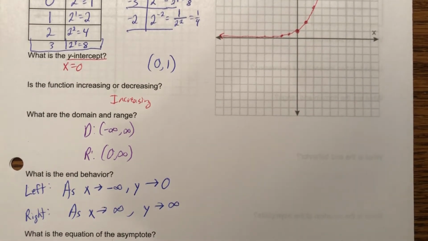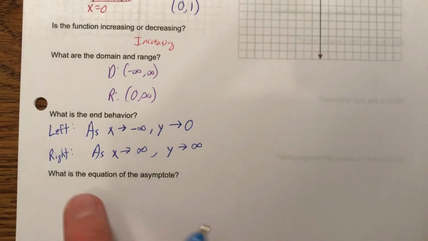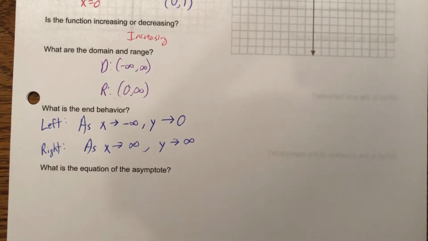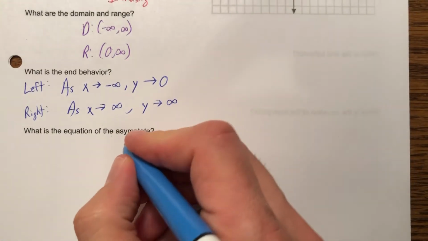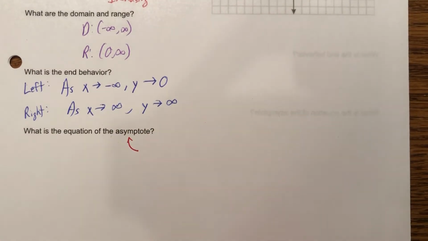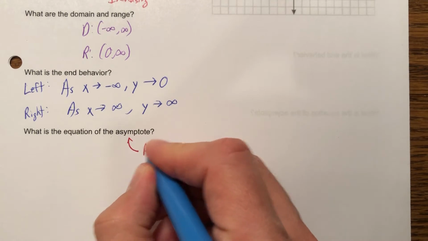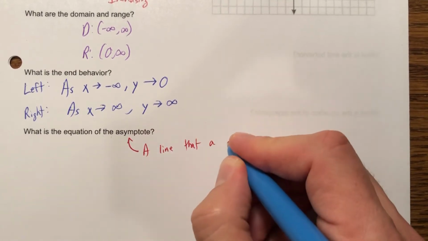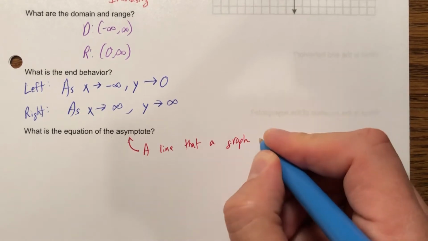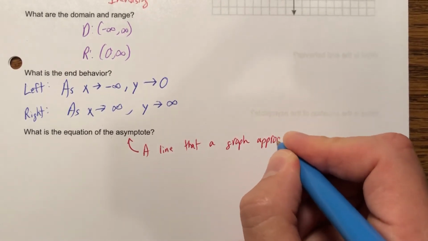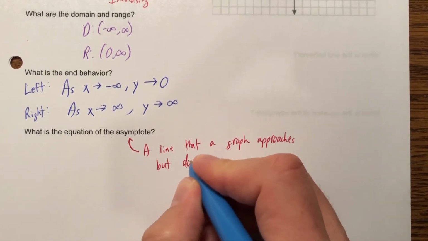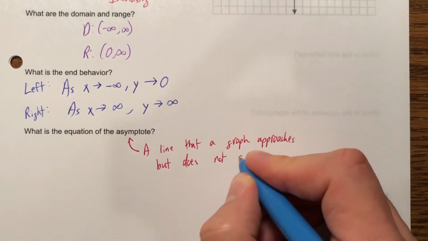All righty. Let's talk about this funky word right here. What is the equation of the asymptote? Well, I need to give you a definition of an asymptote, and I will do it in red. An asymptote is a line that a graph approaches but does not cross.